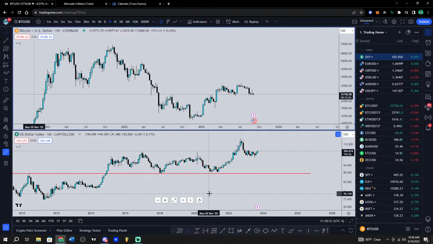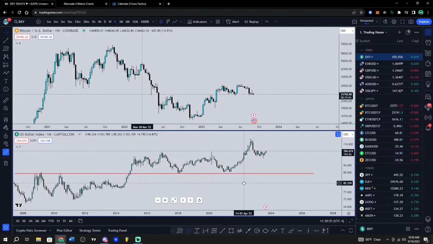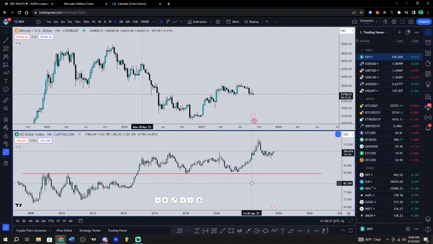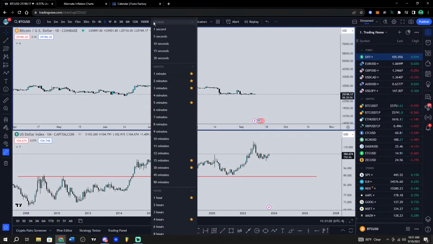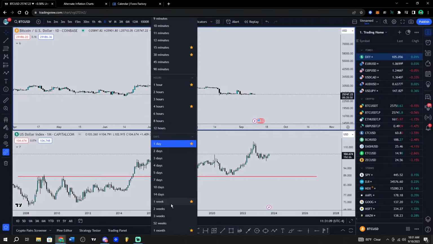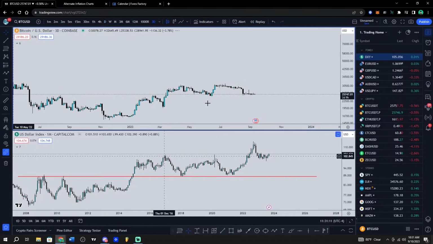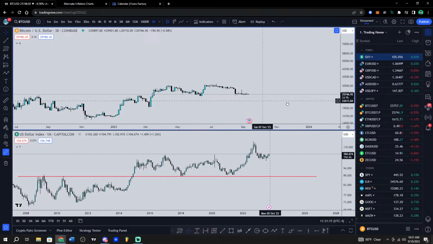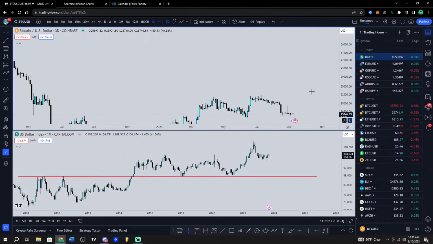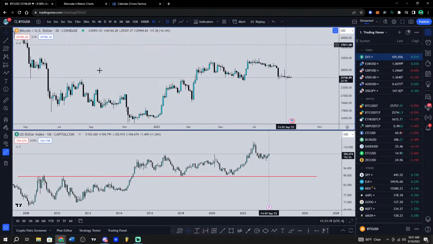This is generally what I'm expecting from Bitcoin. Dixie's gonna put in a lower high and then finally start coming down. Hold on, let me... Need to get this on something that's a little... It does kind of look like it's bear flagging. No. Let me show you something. Okay.